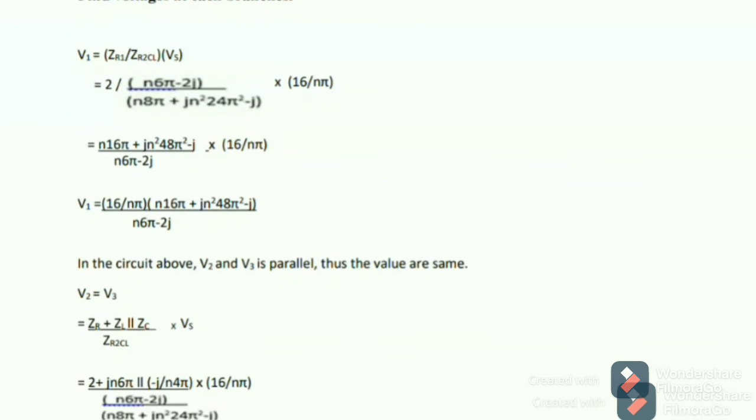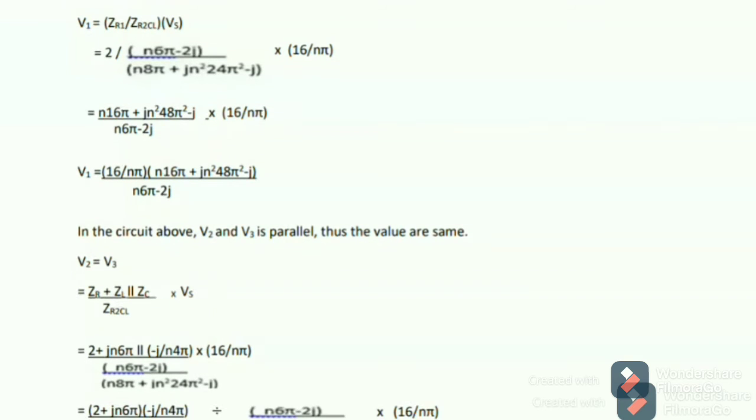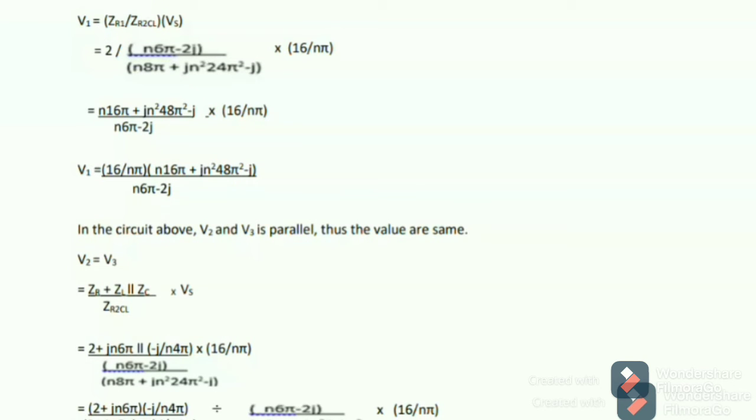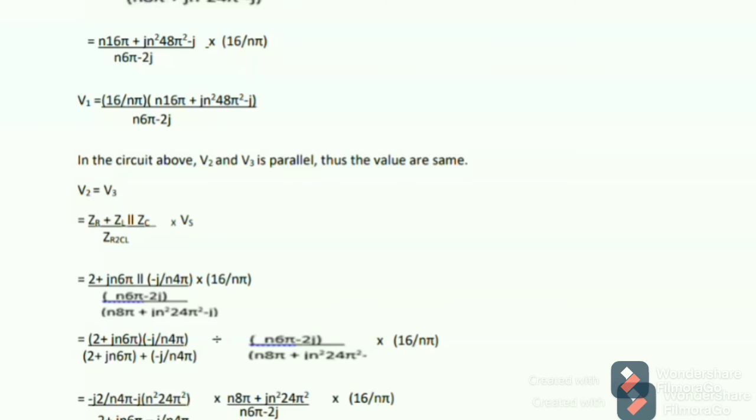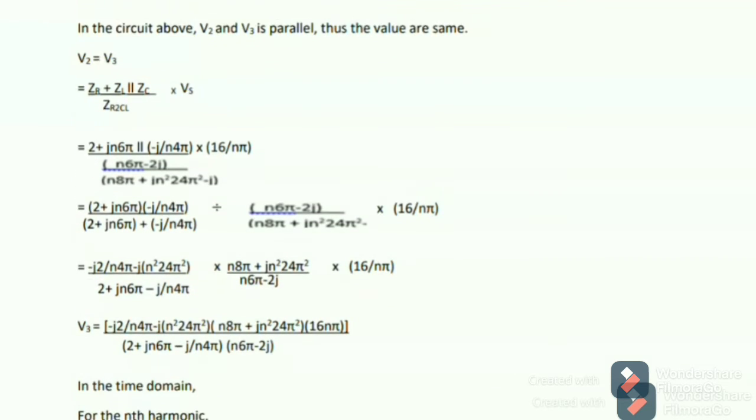In the circuit above, V2 and V3 are parallel, so the values are the same. The formula is ZR2 plus ZL parallel ZC over ZR2 plus ZL parallel ZC multiplied by Vs. We solve the equation and we've got the answer.